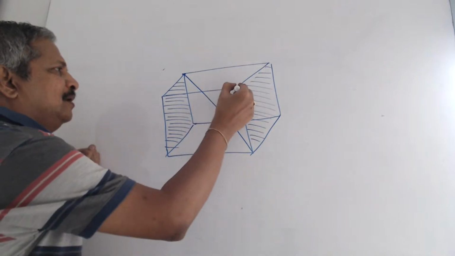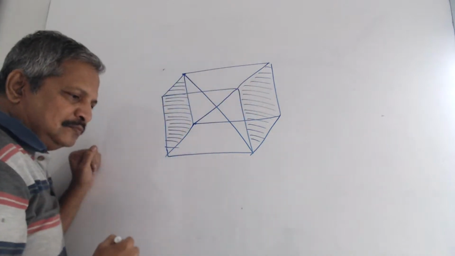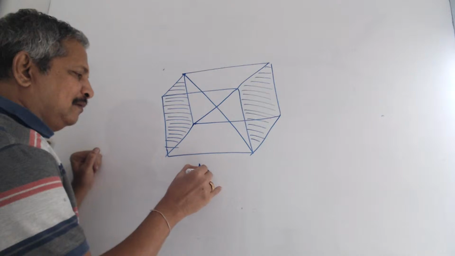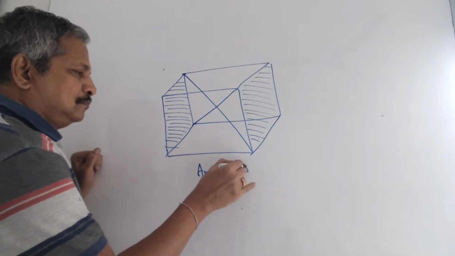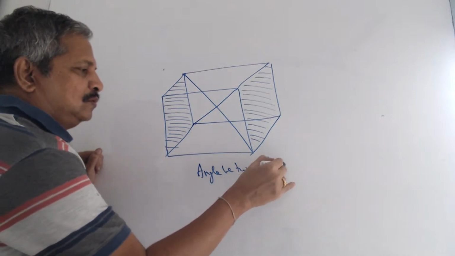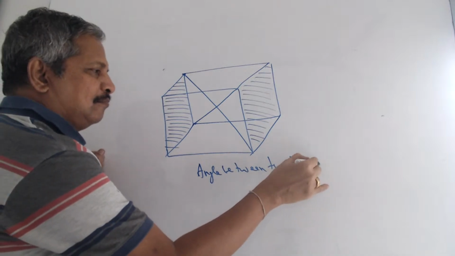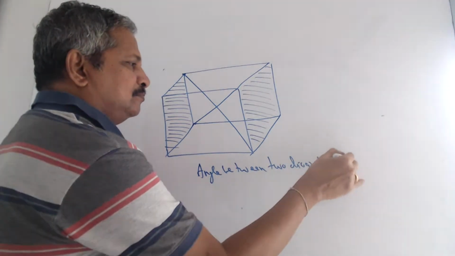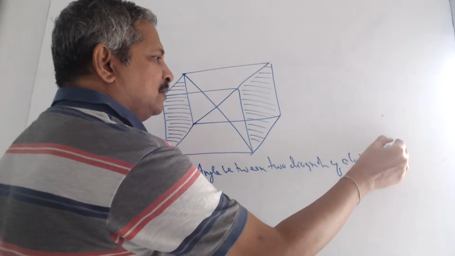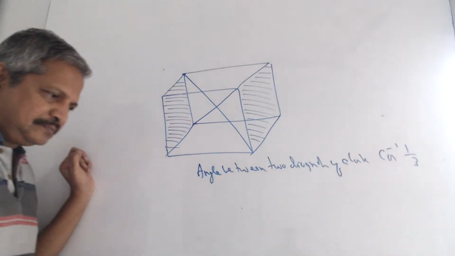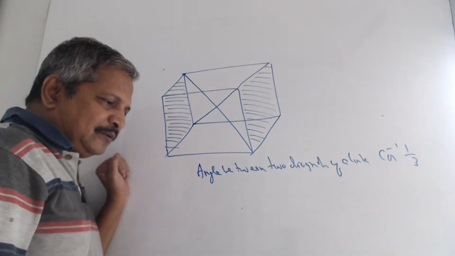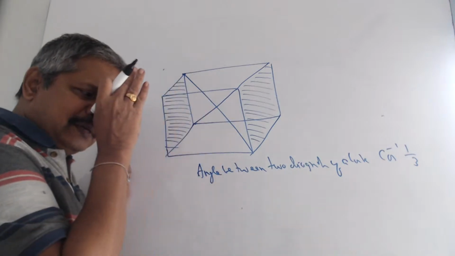From here to here, it is a diagonal of a cube. So, the angle between two diagonals of a cube is cos inverse 1 by 3.